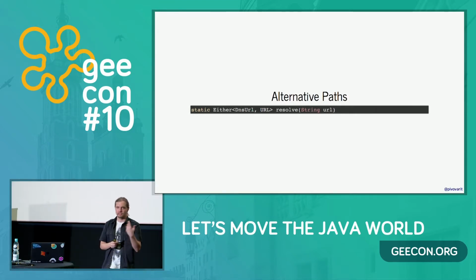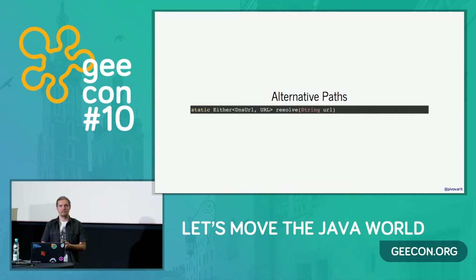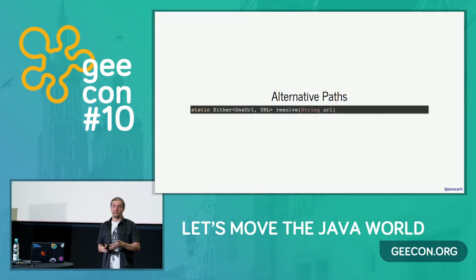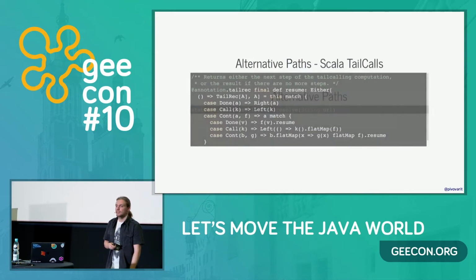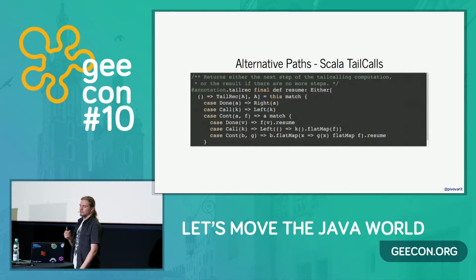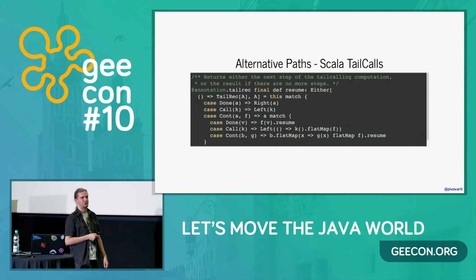It can either give you a result or go to another DNS. So in such case, you could return an either, returning either a DNS URL or the resolved URL of what you passed in there. Actually, if you start digging into the Scala code, you'll see quite a lot of interesting either applications in there.